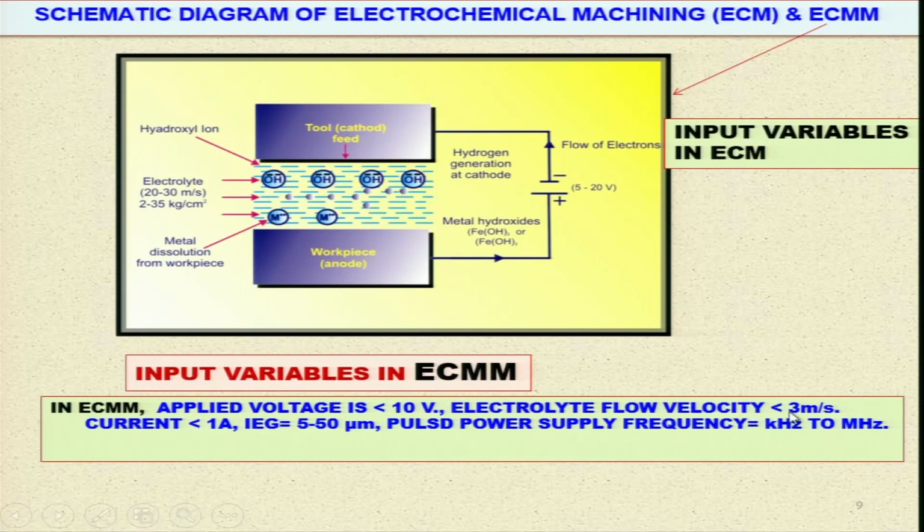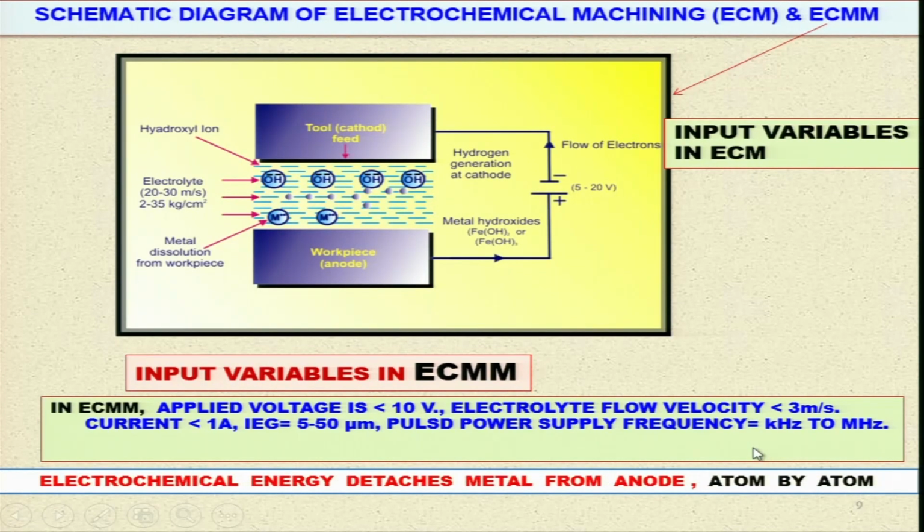Electrolyte flow velocity is normally less than 3 meter per second, current is less than 1 ampere, and inter-electrode gap varies from 5 to 50 micrometer, and pulse power supply frequency is in terms of kilohertz to megahertz depending upon various requirements. So, electrochemical energy detaches metal from anode atom by atom.